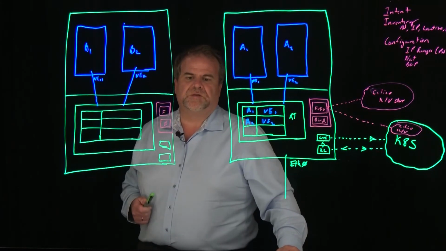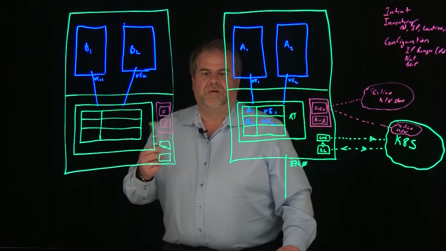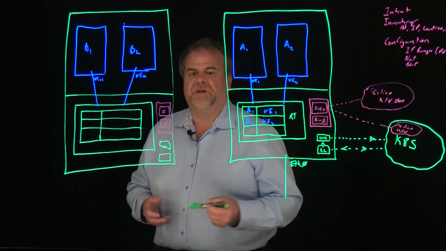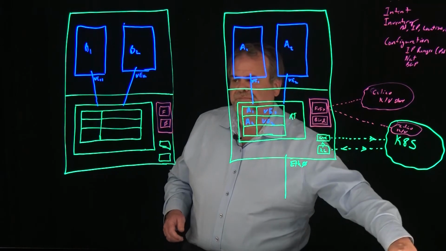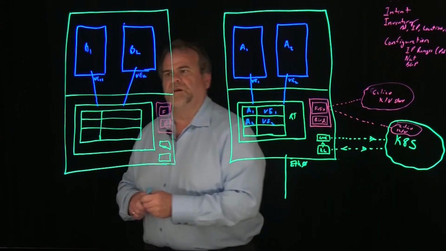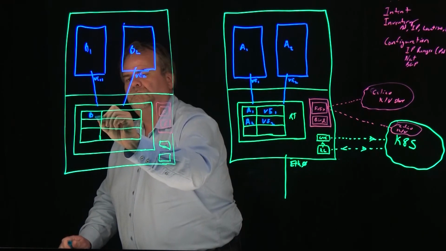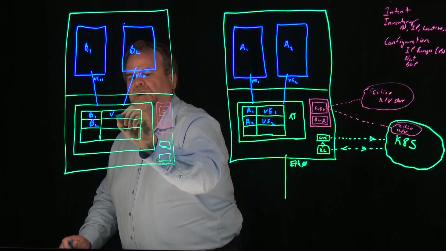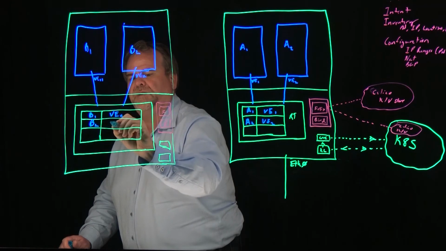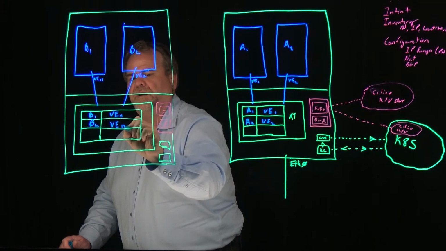But for simplicity's sake, I'm just saying VE11, VE12, because that's really what they are, virtual Ethernets. And then similarly, I have B1, B2, next hop is VE11 and VE12.